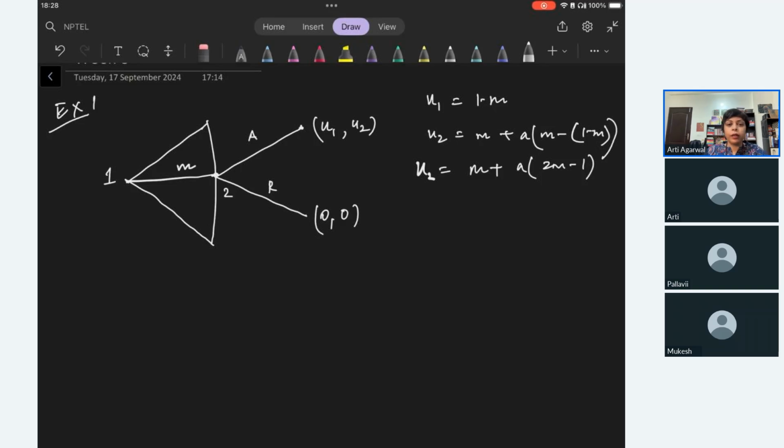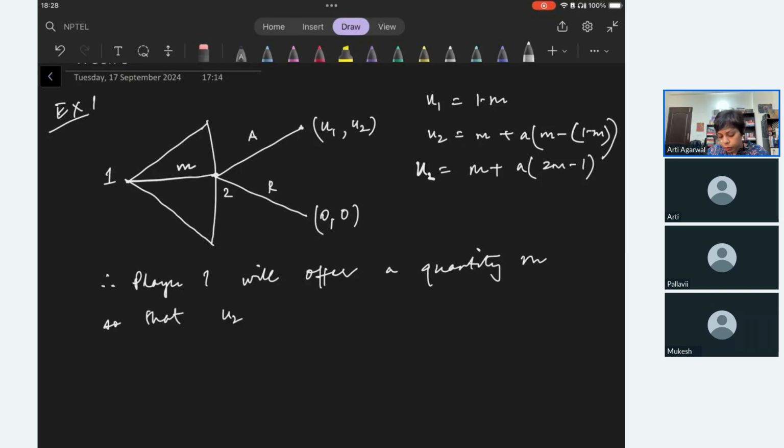Player 1 is going to offer him something just more than 0, so that player 2 will accept it. Therefore player 1 will offer a quantity m, not the quantity m itself but such that the payoff of player 2, u2, is just greater than 0.